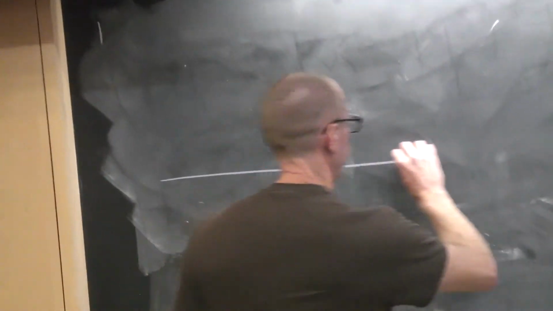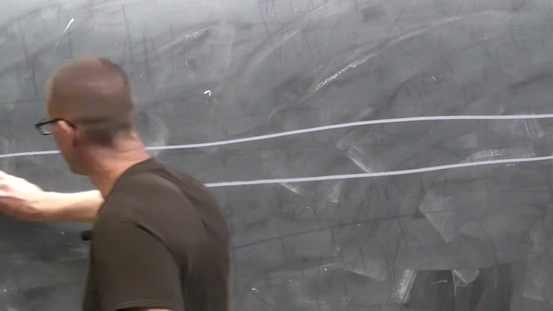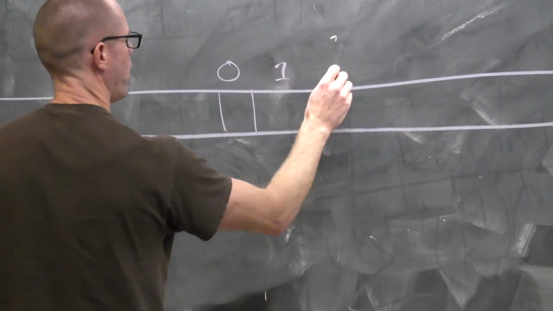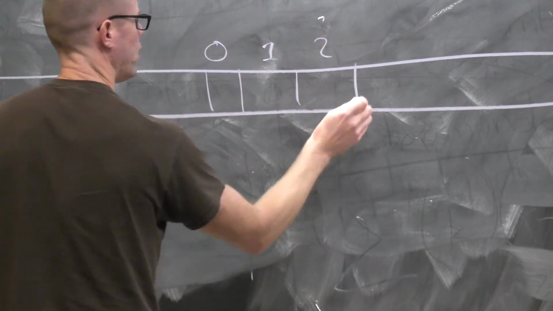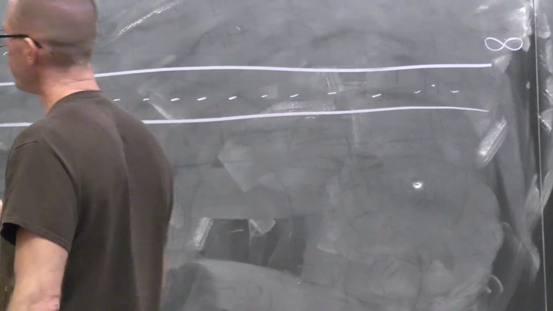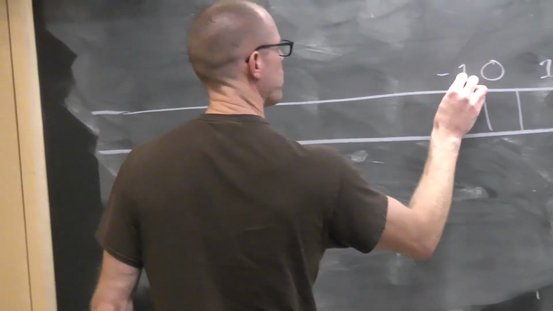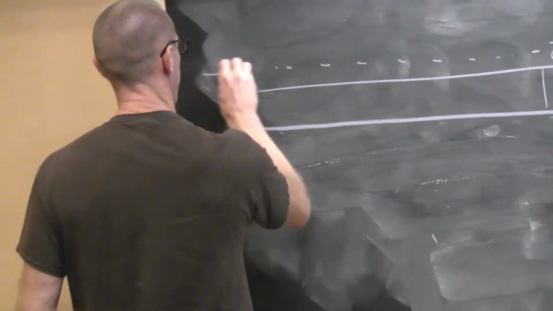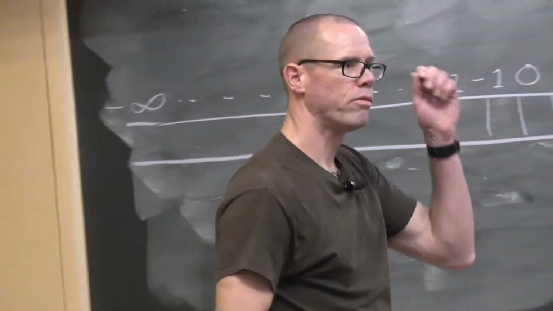So what does that look like? That's an array that looks like this. Here is index 0, index 1, index 2, and this goes all the way off to index plus infinity. Then you have index minus 1, index minus 2, all the way down to minus infinity.